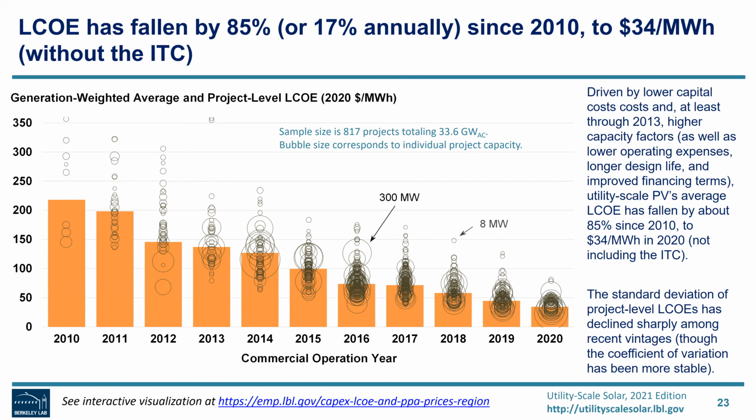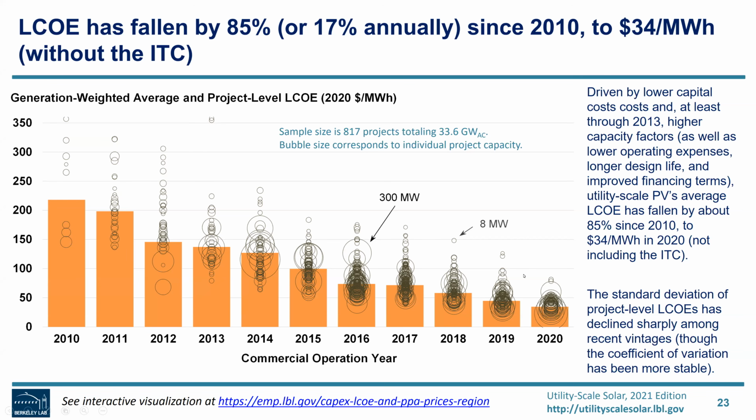Design life has been improving, and financing terms have also improved. All of those things working together have driven the LCOE of solar lower since 2010 by about 85%, or roughly 17% annually on average, to $34 per megawatt hour in 2020. That number does not include the effect of the investment tax credit.